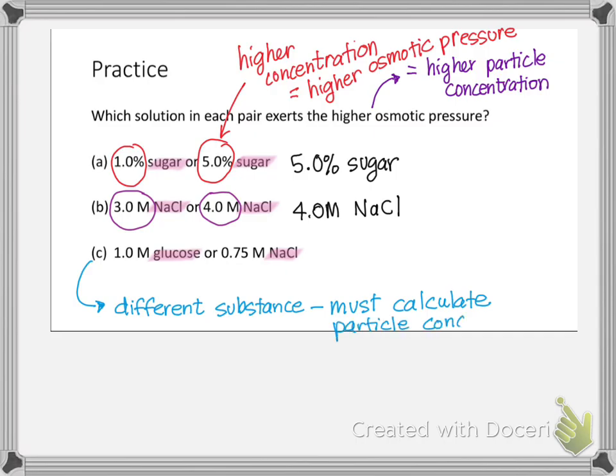So now we're going to apply what I was talking about in the previous slide. The first one is glucose. Glucose is a form of sugar. It is molecular. They don't give us the formula, but it has carbons, hydrogens, and oxygens. And so it only forms one particle.